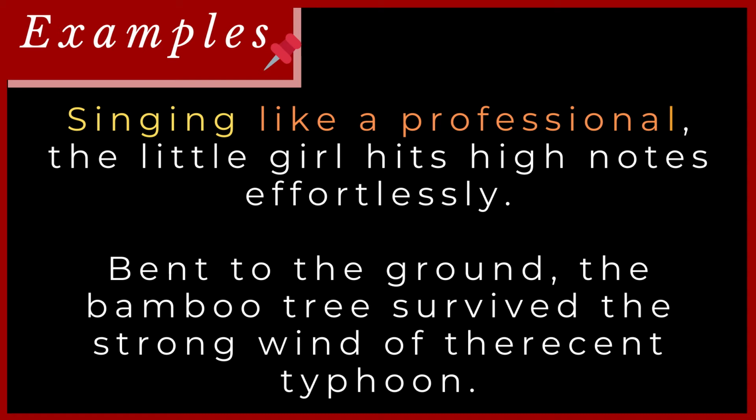Singing like a professional describes the noun girl. In the second sentence, bent is the past participle, and just like in the first one, the words that come after it help complete the description it gives. Bent to the ground describes the noun tree. Singing like a professional and bent to the ground are what we call participial phrases.